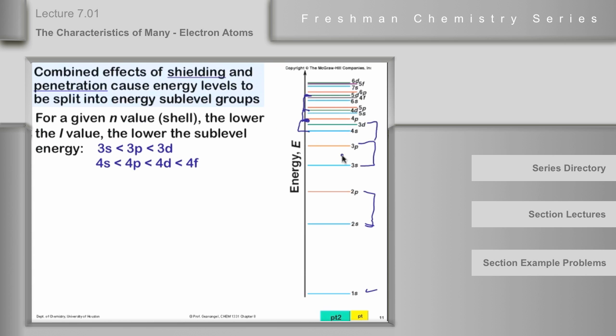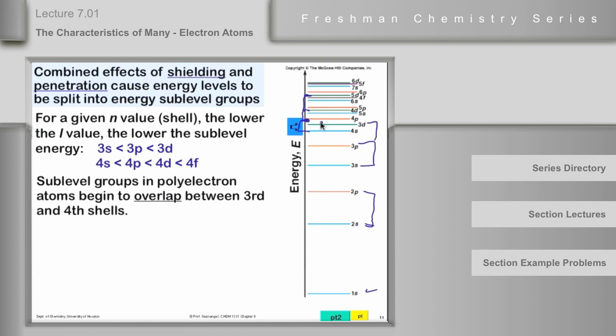Okay? But notice the top of the n is equal to 3 shell overlaps the bottom of the n is equal to 4 shell. They begin to overlap right in there. And that region will be a region where we'll have to pay special attention to figure out what the electron configuration will be. And we'll do that.